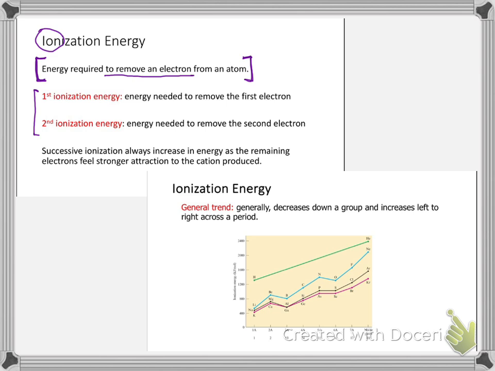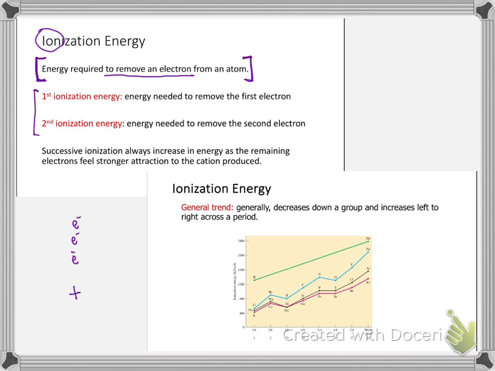Now, as you remove more electrons, it requires more energy because the nucleus is positively charged, since it contains the protons. We have the positive charge in the middle, and then our little electrons out here, which I'll draw farther and farther.